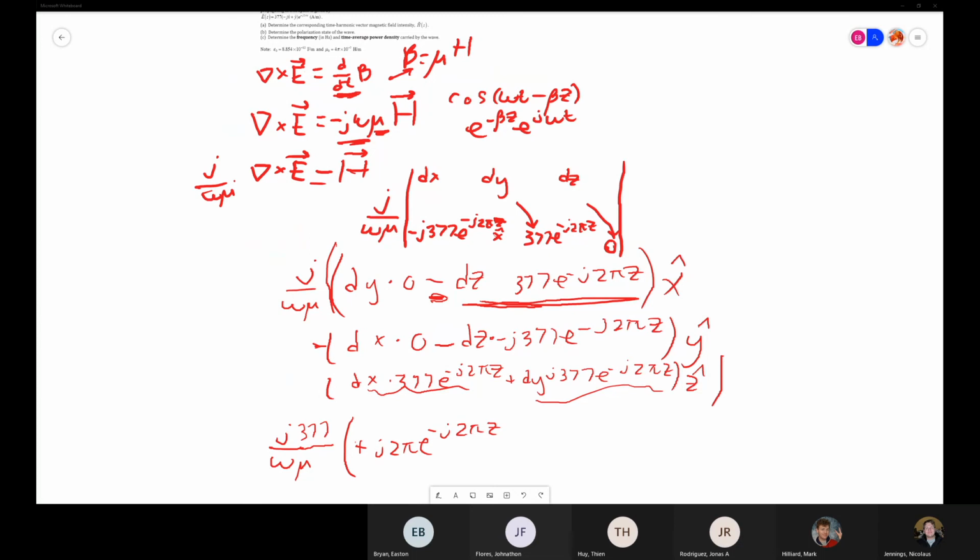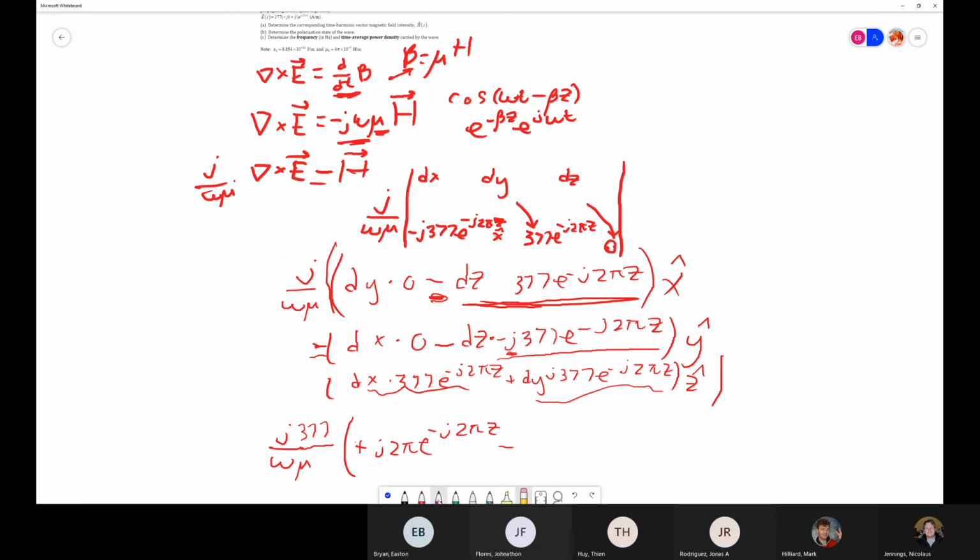And then for the y term, remember we have this negative sign, so bring that over here. The derivative with respect to z of this is the same thing, but with a j. So j times j, oh my gosh, there's a lot of negative sign stuff going on here. It's negative j times negative j, which becomes negative 1, and you already have a negative sign there, so it becomes plus.